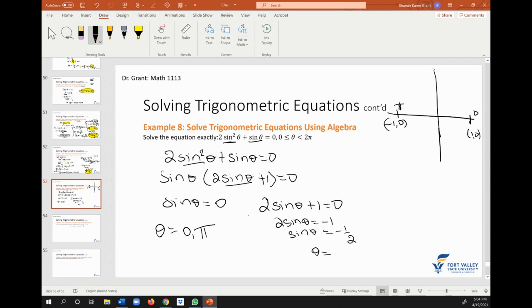Well, theta is going to be 7 pi over 6 as well as 11 pi over 6. Note that we're between 0 and 2 pi. All right, and so these are your solutions: 0, pi, 7 pi over 6, and 11 pi over 6.